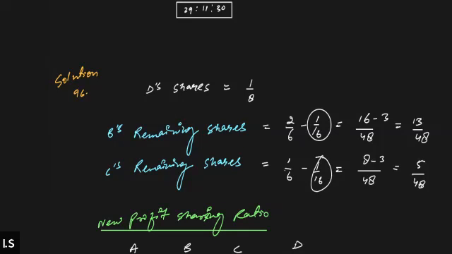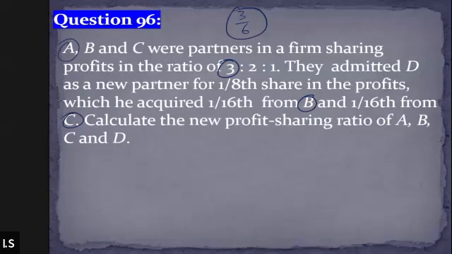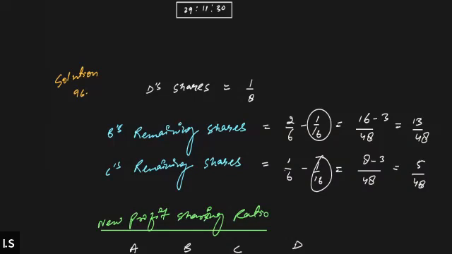Now pay attention to the solution. See, what is written here? It is saying that B's existing share is 2/6. Is that right? Yes, sir. So after sacrificing 1/16 out of it in favor of D, how much will be left? 2/6 minus 1/16, right?